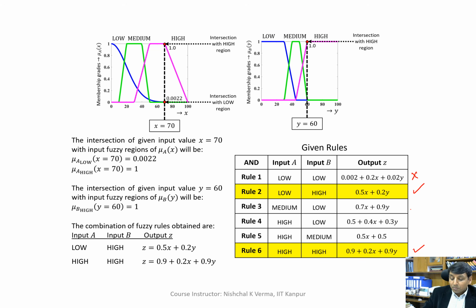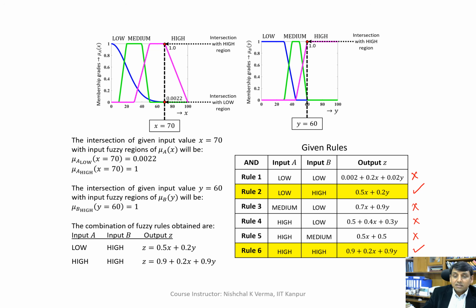This rule will not apply because the combination low low doesn't exist, only low high exists here. So rule number 3, medium low doesn't exist, high low doesn't exist, high medium doesn't exist, and high high exists.